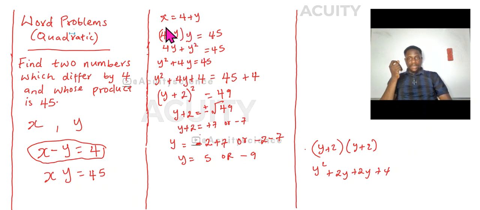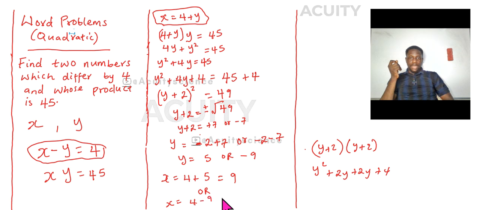Now, we have this equation here. Let's substitute each of these values one by one into this equation as y. When we substitute as y, we'll be able to find what x could be. So for the first one, x is equal to 4 plus 5, we have 9, or for the second one, y is minus 9, so 4 minus 9, which is equal to minus 5.